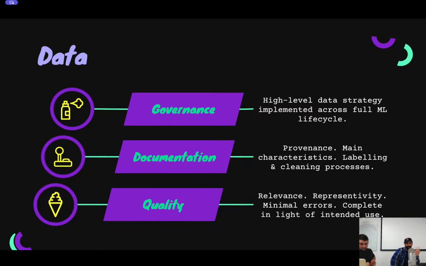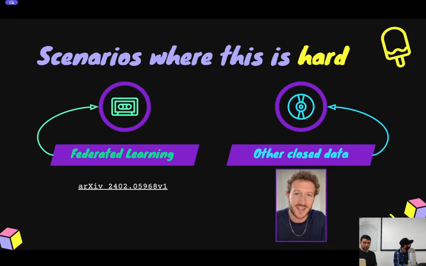But until that happens, it is a little bit ambiguous. Data also has to be complete in light of its intended use. I would also say that one's really ambiguous. So hopefully as these standards come out, we'll start to get a little bit more clarity into what the exact rules and expectations are, but just have it on your radar.